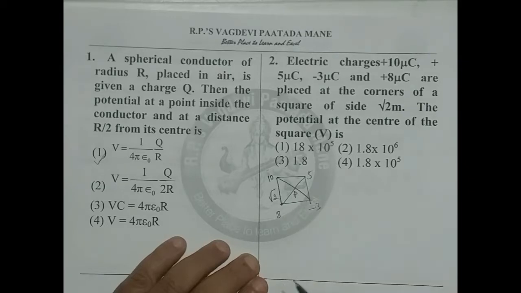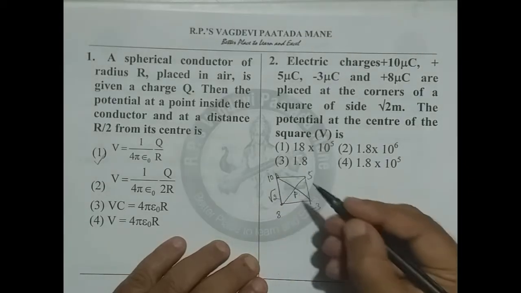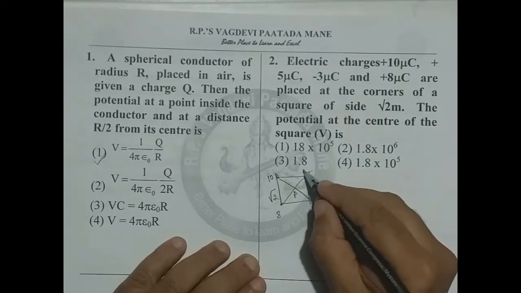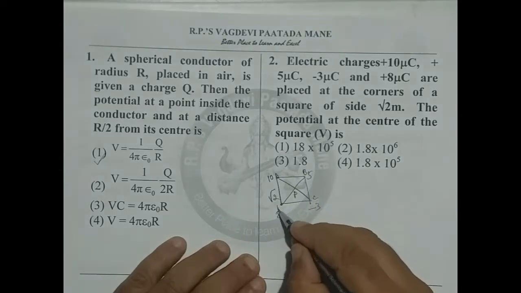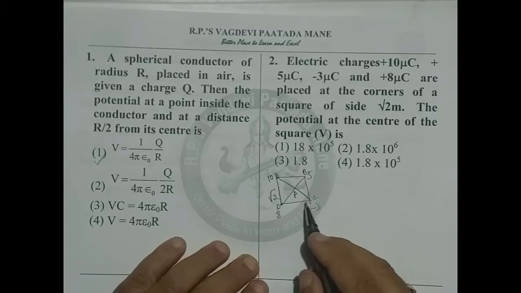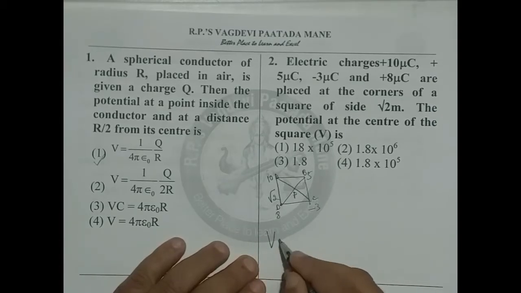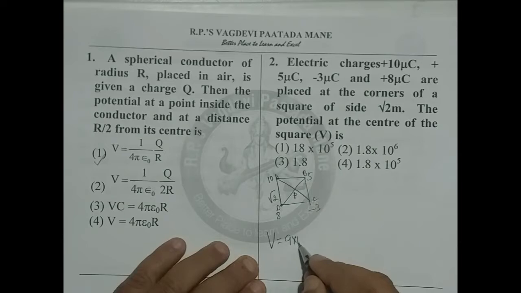Say we call it as P, and we call the charge positions as A, B, C and D like this. Now as we know, potential is simply addition of potential due to all charges. Therefore I write, instead of 1 by 4 epsilon naught, I straight away write down 10 raised to 9. And now I write down the charges.